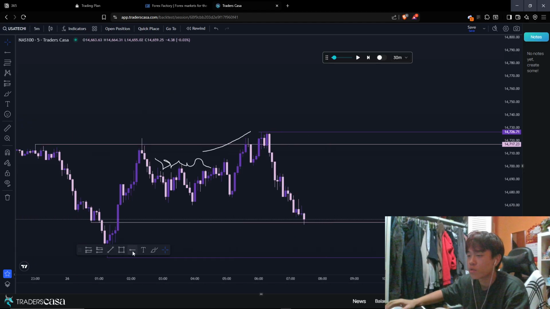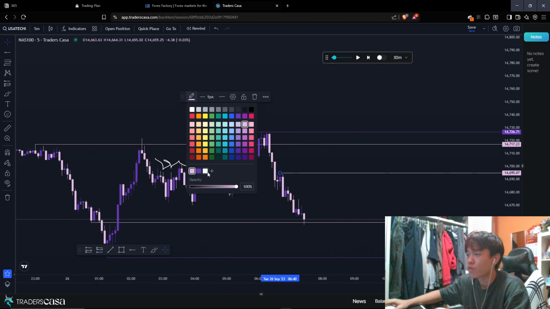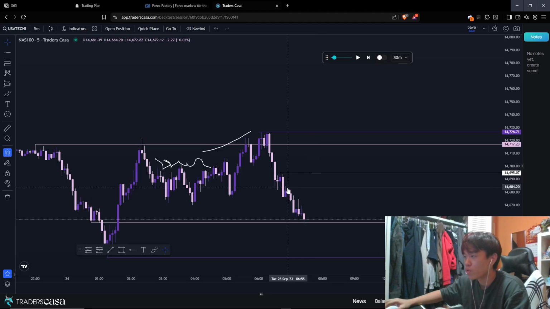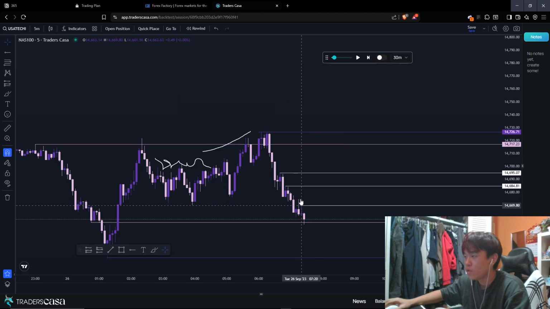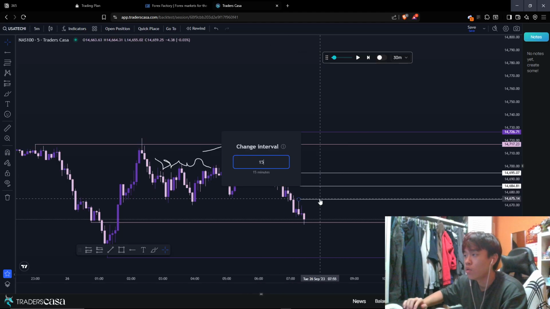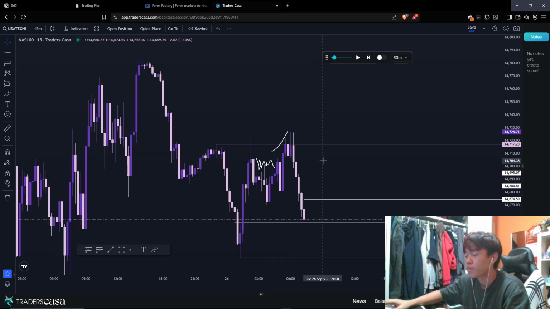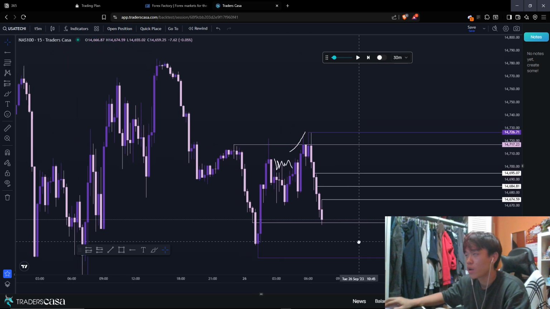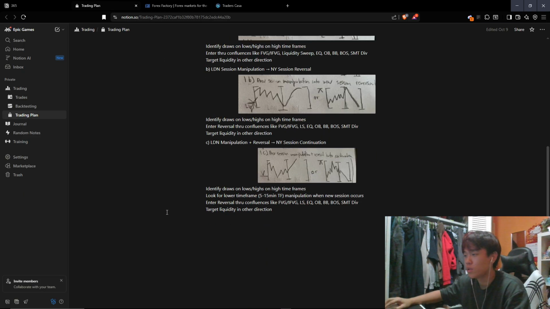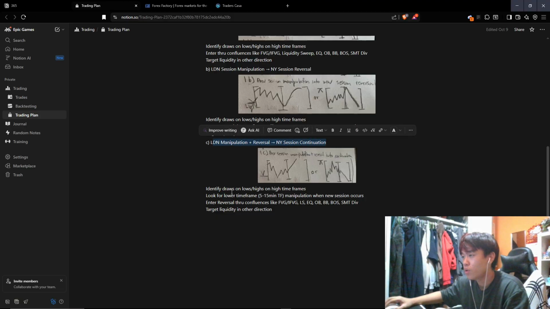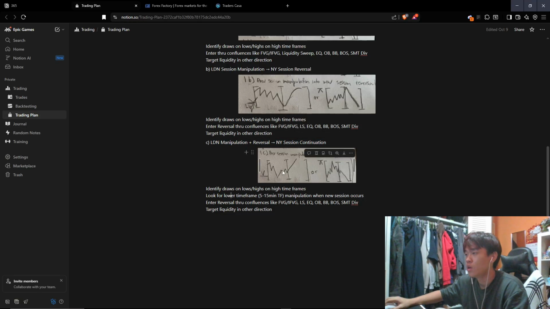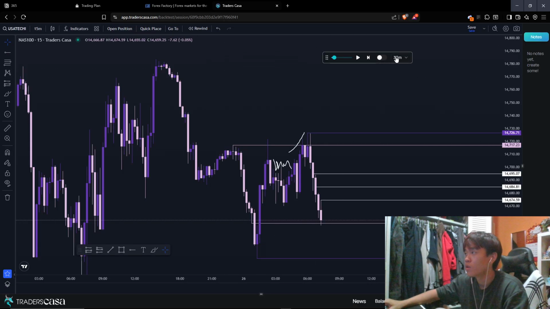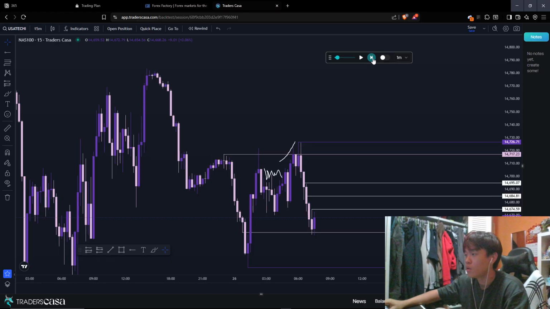So what I look for entry wise is for us to take out either one of these white lines that I graphed out, or London high, before we continue moving down, because that follows our continuation model. As you can see, we get that consolidation, manipulation down, and then we come up, come back down, and then go. So yeah, going to 1 minute, play it out.